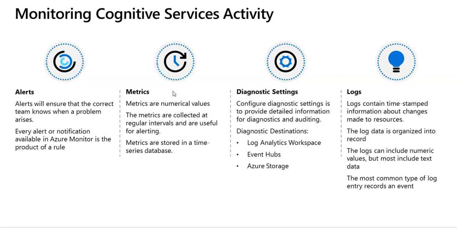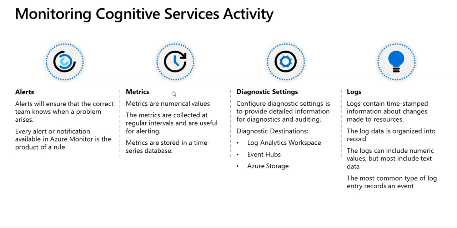Now, every alert or notification available in Azure Monitor is a product of some rule. Some of these rules are built into the Azure platform. You can use alert rules to create custom alerts and notifications. No matter which target resource or data source you use, the composition of an alert rule remains the same.